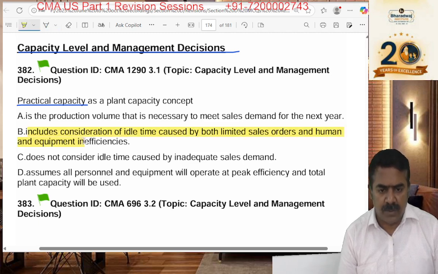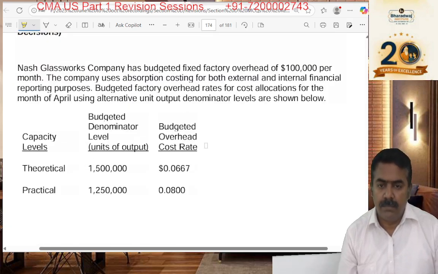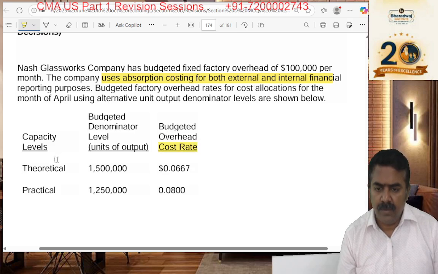We adjust for which one? Idle time. The company uses absorption costing for both internal and external financial reporting. Budgeted fixed overhead costs are given for the capacity levels.